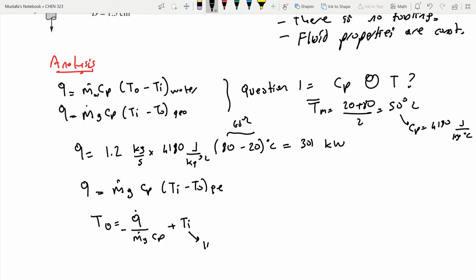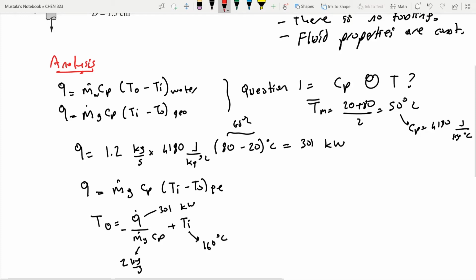T in is 160 degrees Celsius. Q is 301 kilowatt. m geo is 2 kilogram per second.